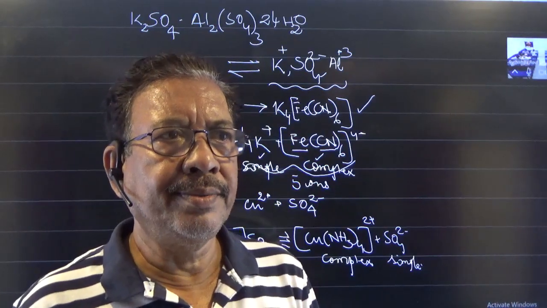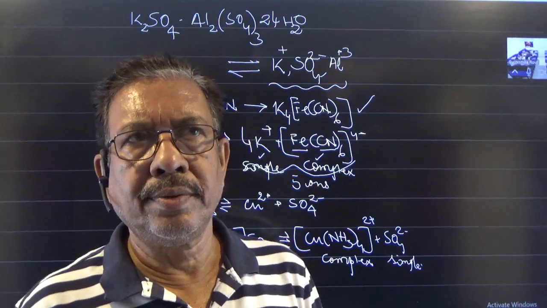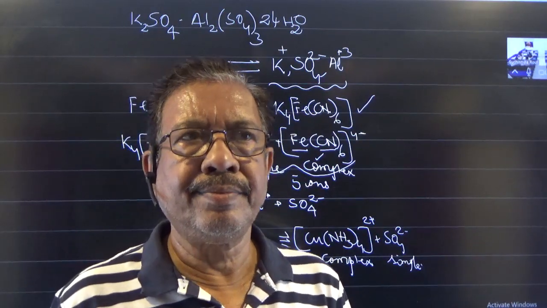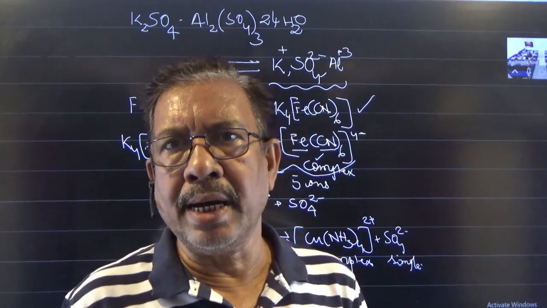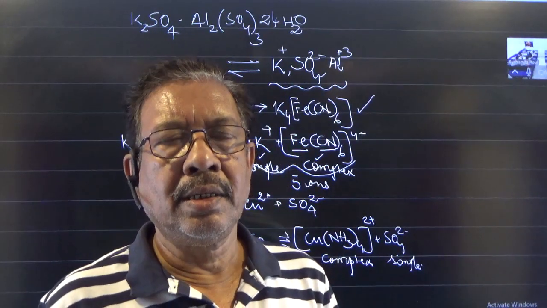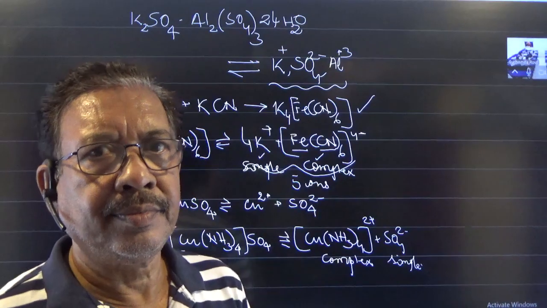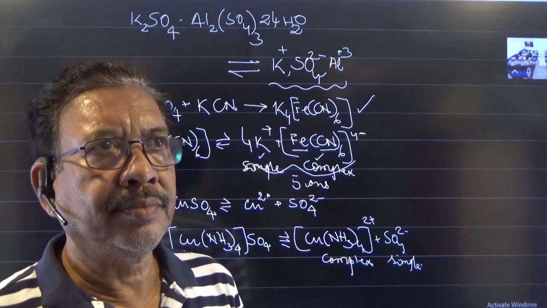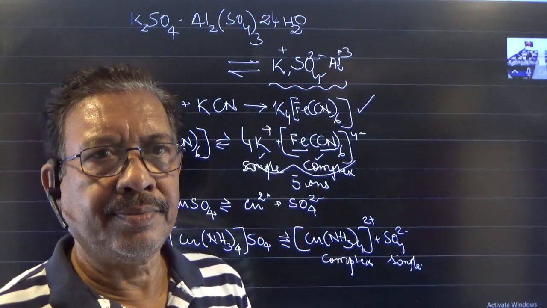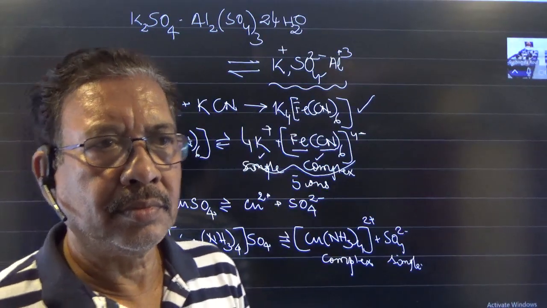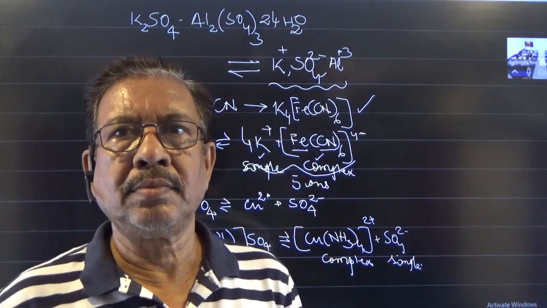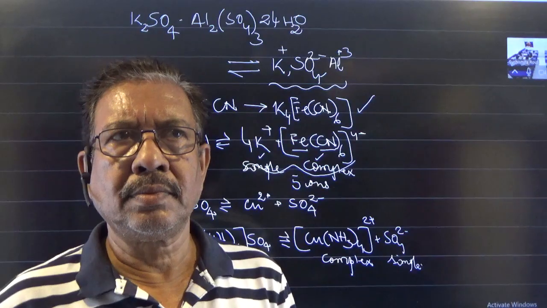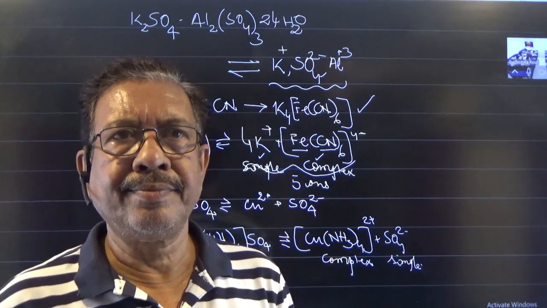Complex compounds are those in which the identity of some cations and anions is lost, or hidden.